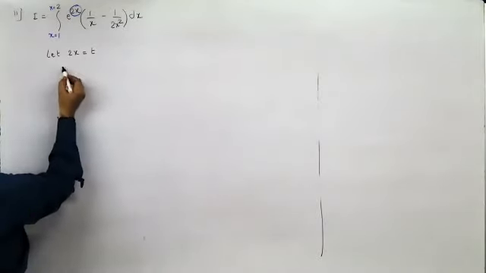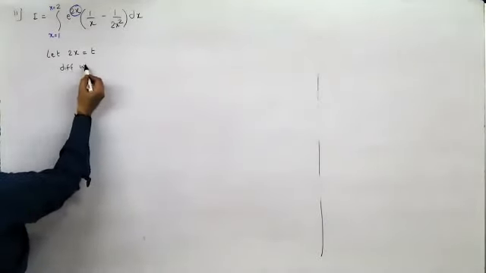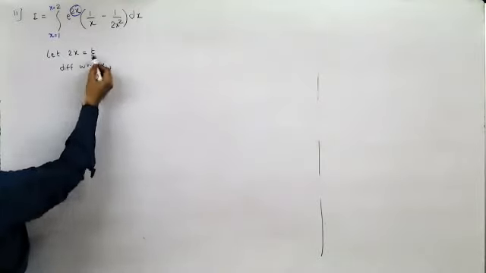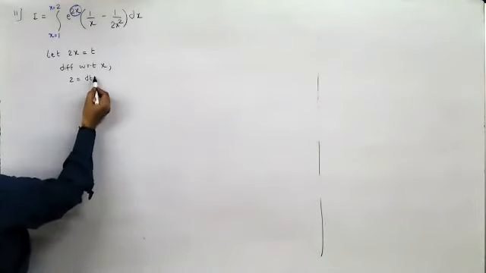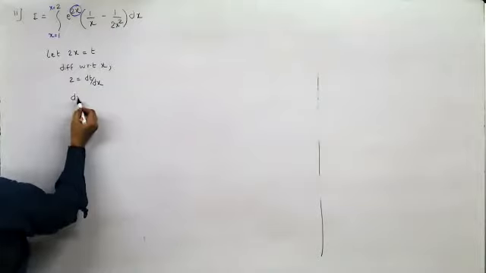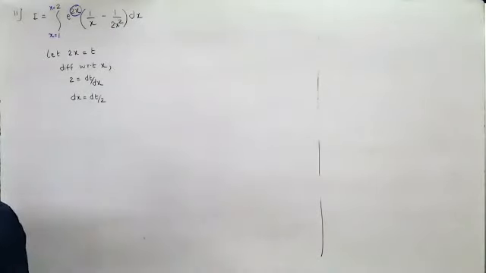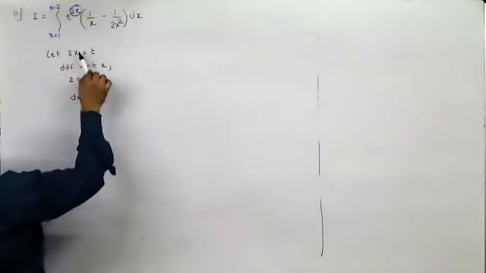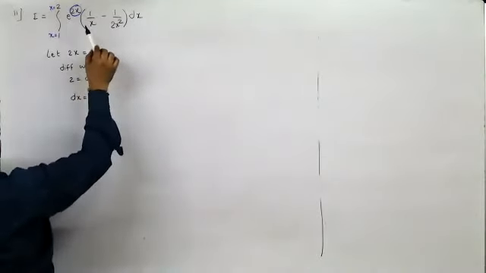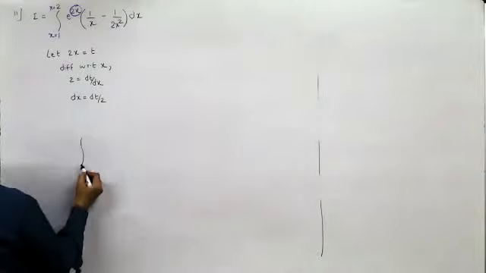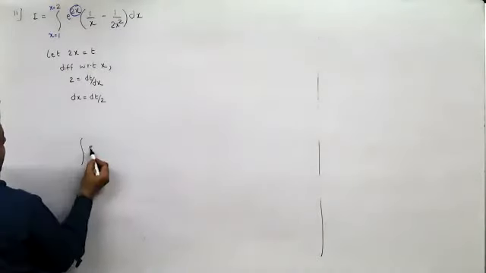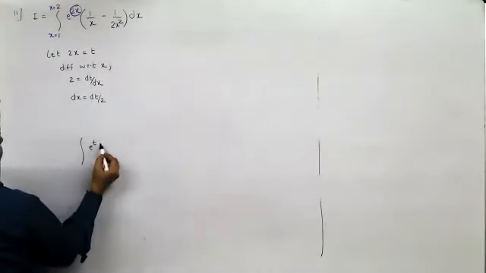Now, when I take 2x as t, when I differentiate, I get 2 is equal to dt by dx. I get dx equal to dt by 2. Remember, here, when you substitute x, the t values would change. First of all, this is e raised to 2x, so it would be replaced by t.